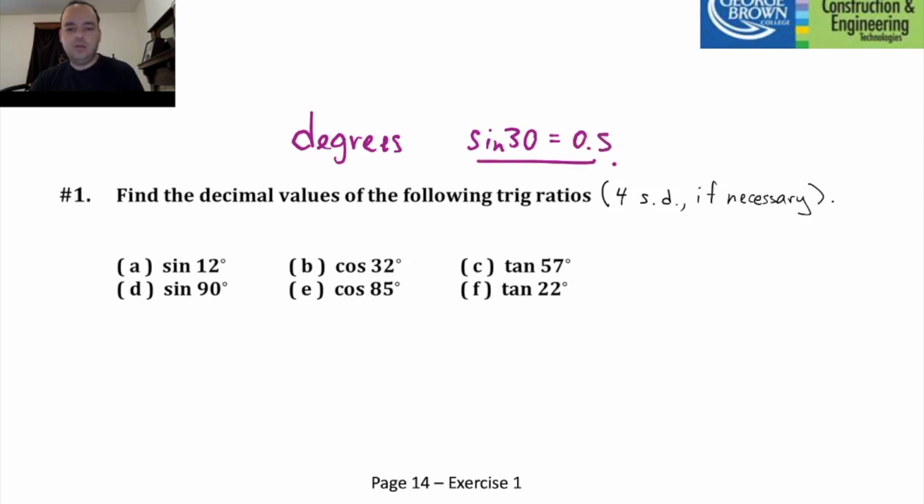If you don't get that, your calculator is in the wrong setting. It might be in a setting called radians. Radians are another unit system for measuring angles, but we're not going to be using radians in this chapter. So make sure that when you type sine of 30, you get 0.5.